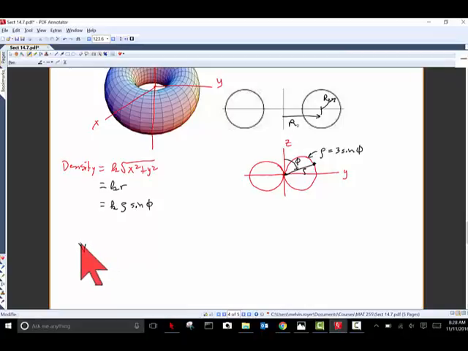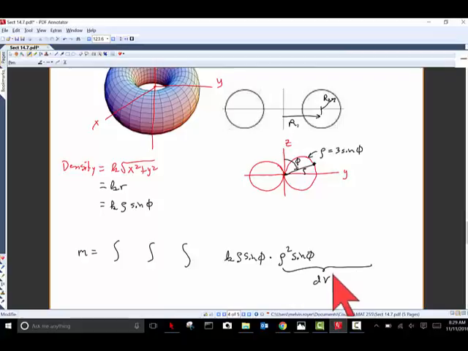So calculating a mass here, m equals triple integral. Here I put the density function, k rho sine phi. Then I have the volume element, so that's going to be another rho squared sine phi, and then the three differentials, d rho, d phi, d theta, in the order that I prefer.